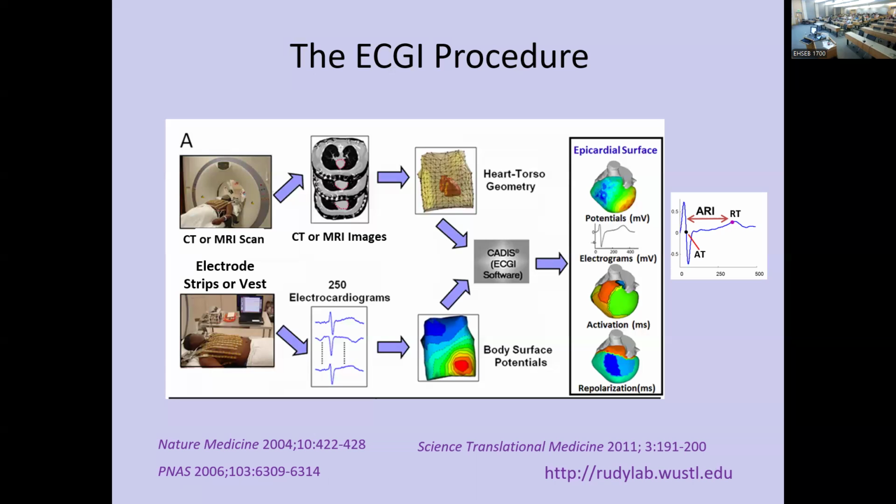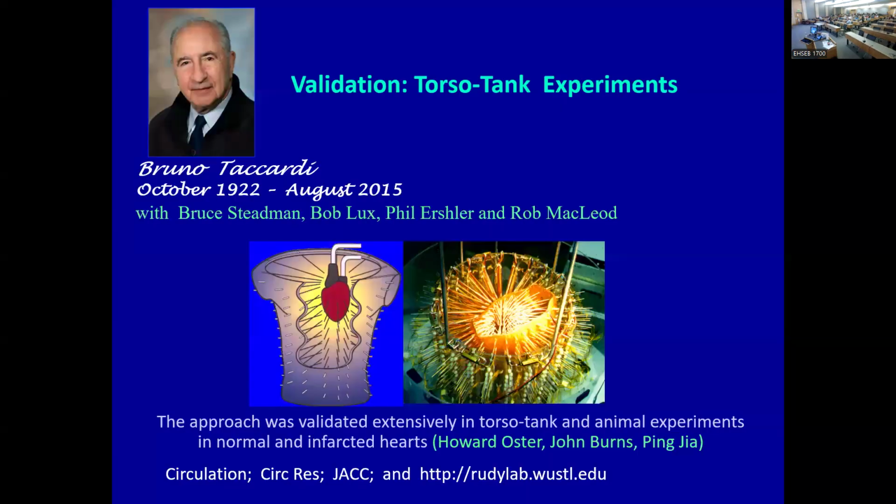I cannot go into the details, but there are many different algorithms for computing potentials on the surface from here and here. Combined through these algorithms, you compute potentials on the heart non-invasively. You can then compute the electrogram locally at every point. From those, you can obtain activation sequences and also repolarization patterns. That's the procedure.